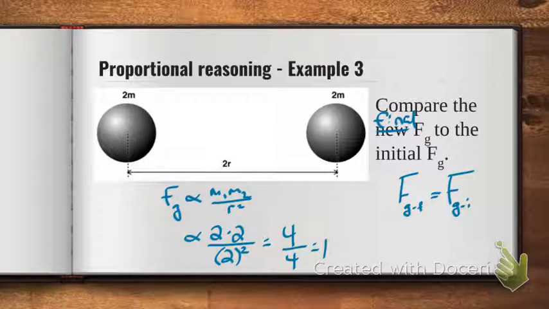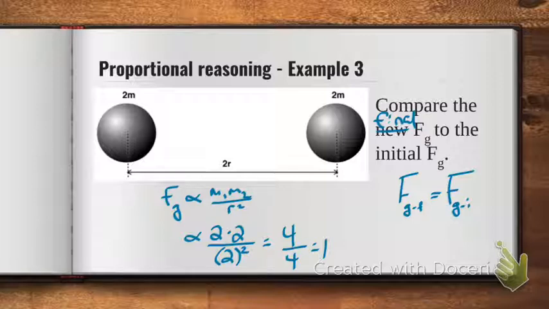All right, looking at this, what is the non-mathematical clue that it's going to be 1? All the same number. They all changed by the same factor. Each variable changed by the same factor. And when that happens, there is no overall change.